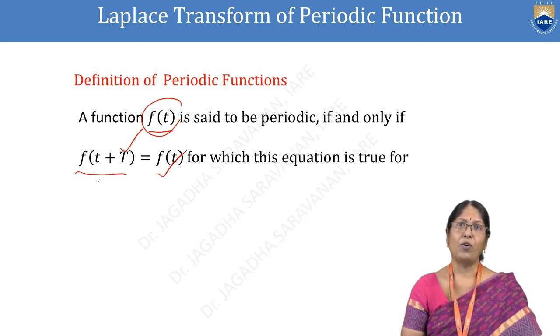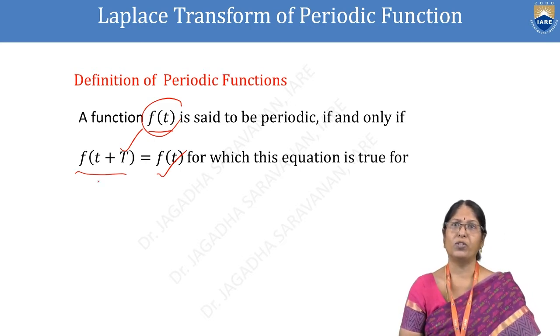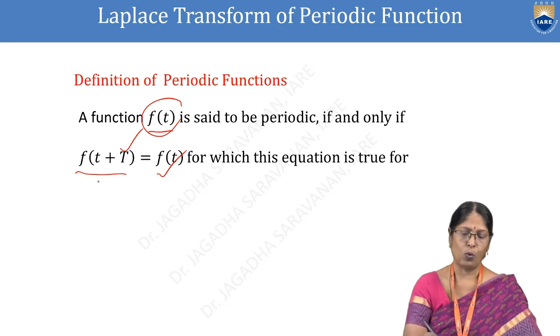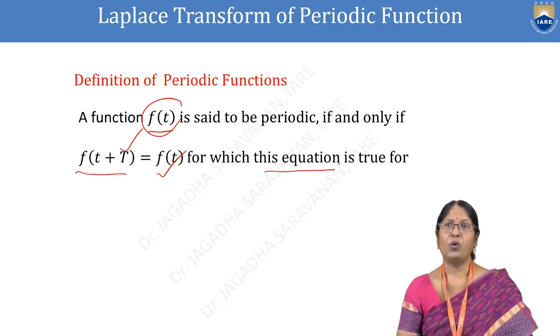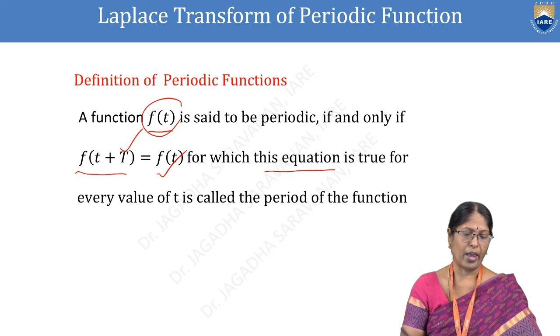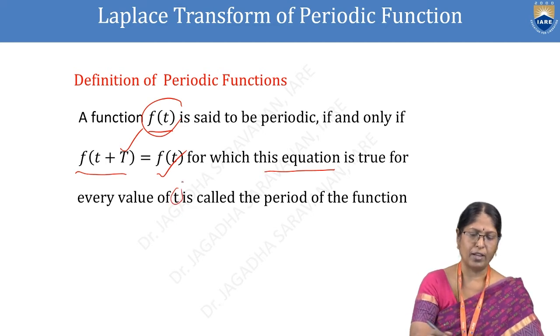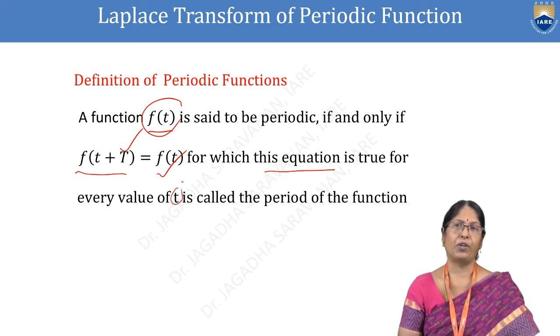That is, f of t plus capital T equals f of t, and the equation being true for every value of t defines the period of the function. Otherwise, we can state the definition another way.